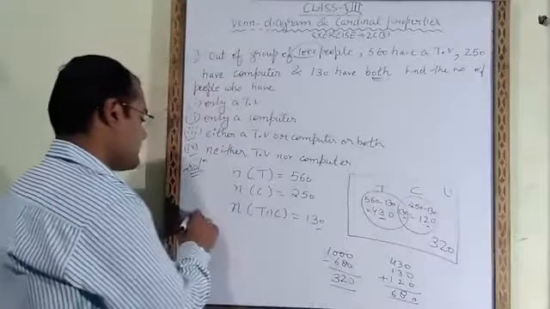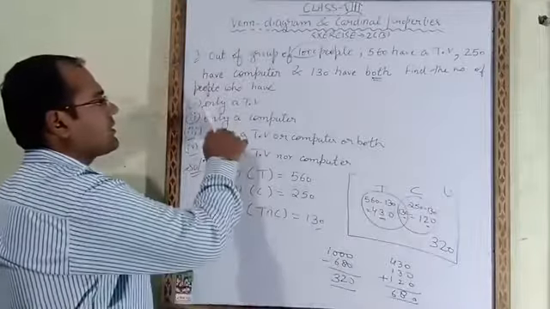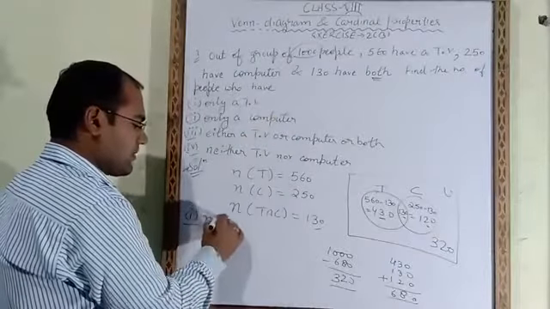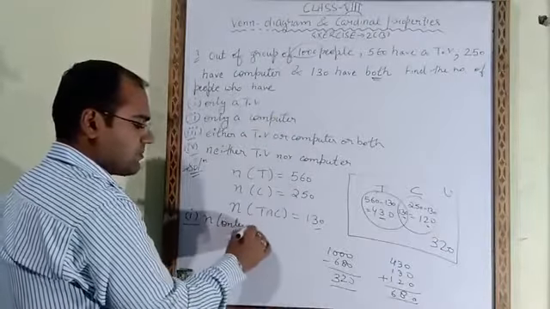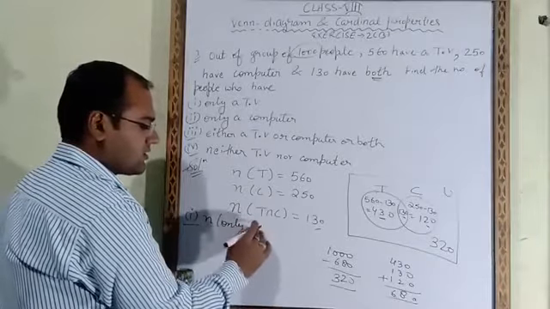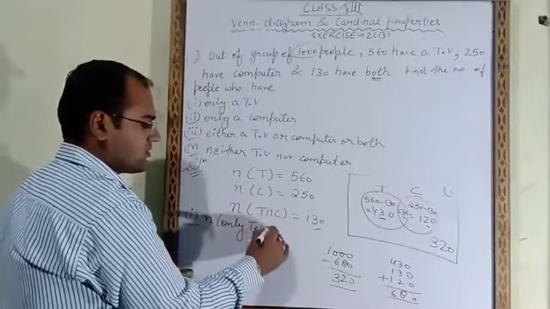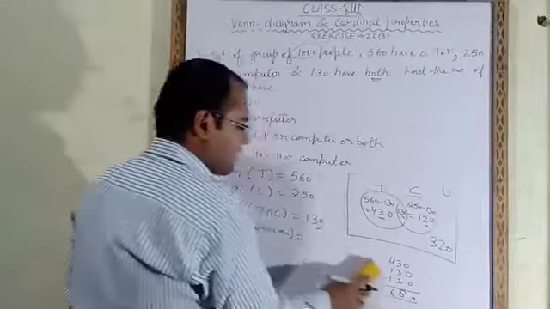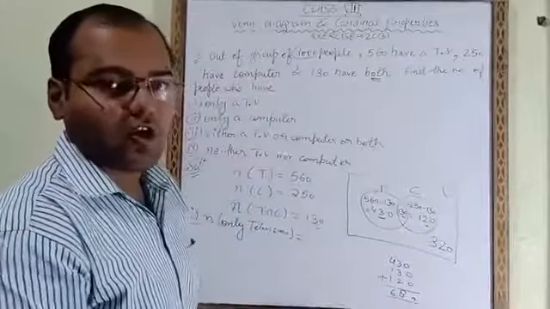Now the first part is to find the number of people who have only television. In the bracket you have to write only television. We have already found how many people are having only television.